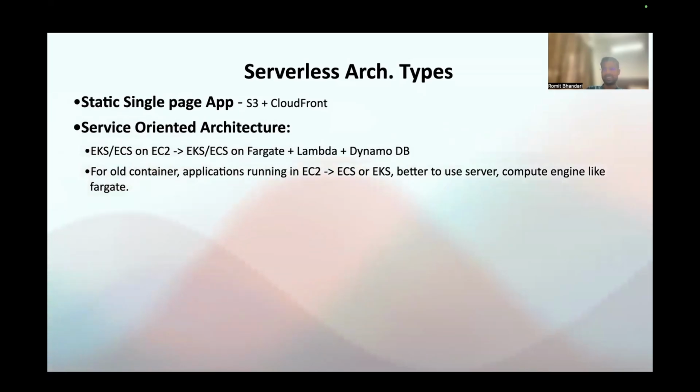So basically ECS, EKS on EC2 is now moving towards ECS, EKS on Fargate with Lambda and DynamoDB, like the total serverless stack. Older applications which were running on EC2 are now moving towards ECS, EKS on Fargate and not on EC2.